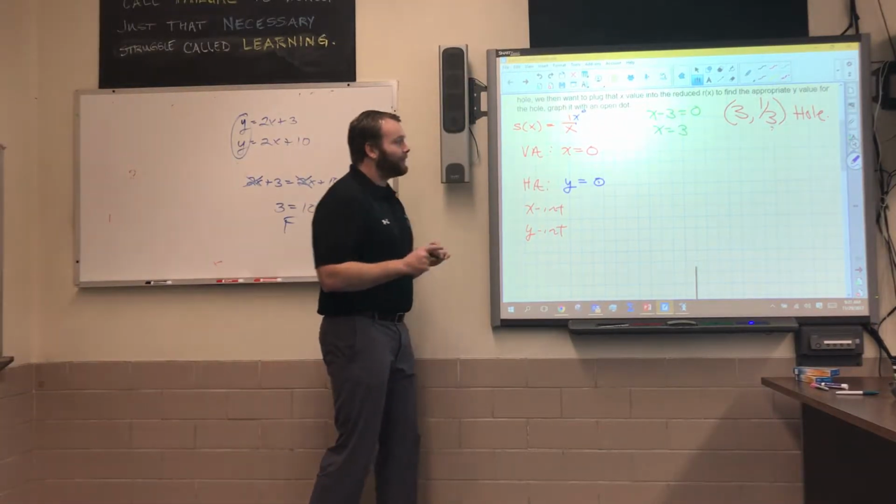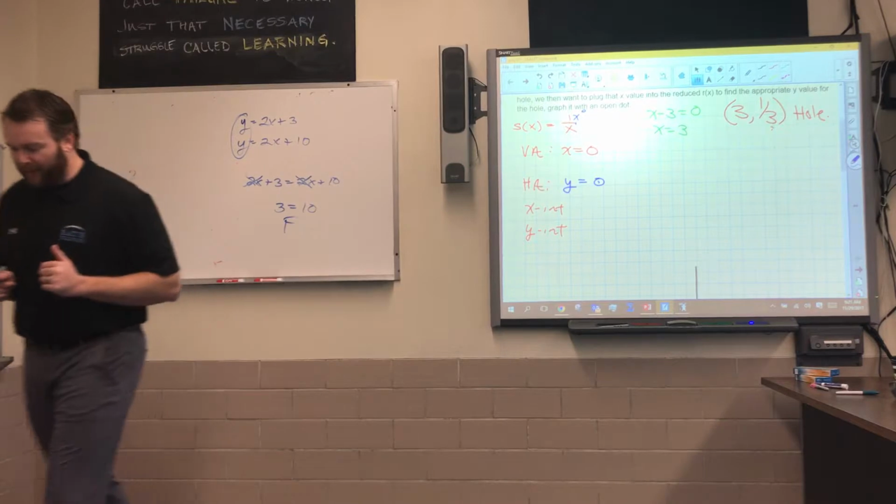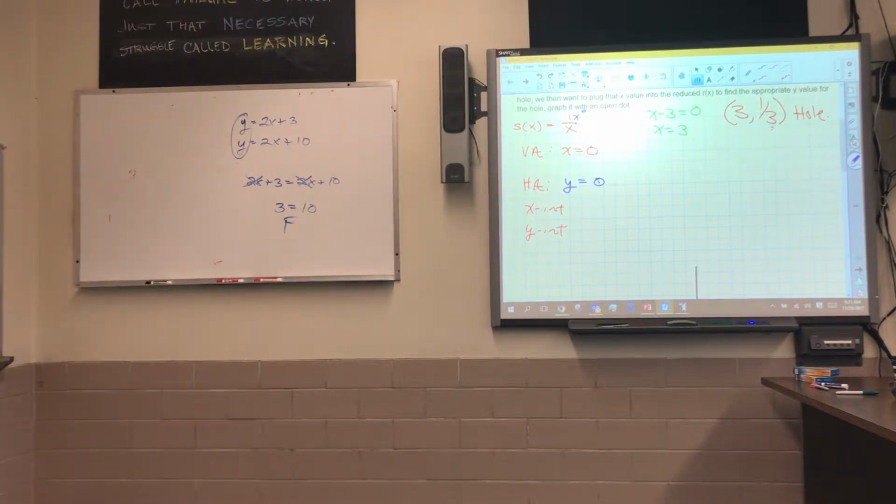Okay. Now, here's where I think maybe our mathematics has gotten us kind of ingrained in a mode in our lives that we just want to do the work, we want to do the process, the steps, get an answer, and move on, right? And do the exact same thing every single time.